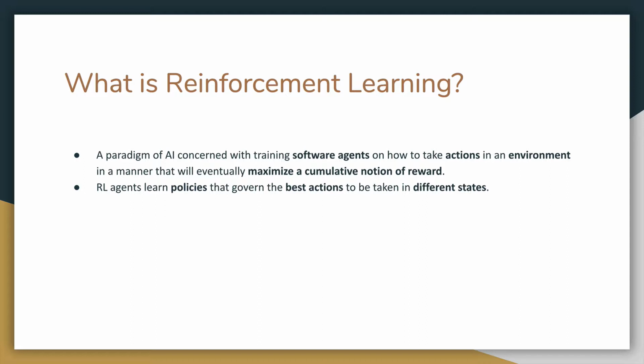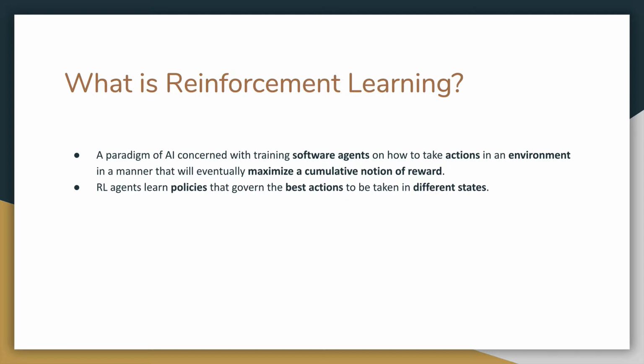Okay, and reinforcement learning agents actually learn policies that govern the best actions to be taken in different states or in different time steps. So when we talk of training in reinforcement learning, what we mean is we are trying to build a mathematical model that the agent or the software is going to use to decide what action to take in any given state that it finds itself in.